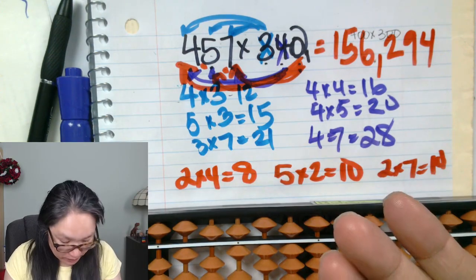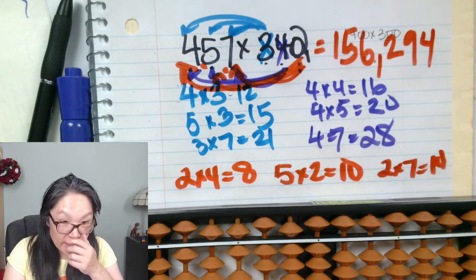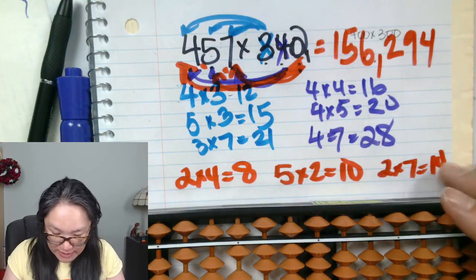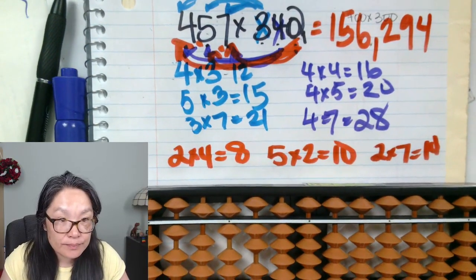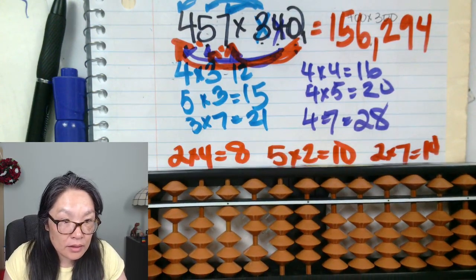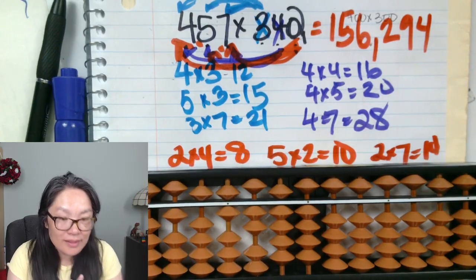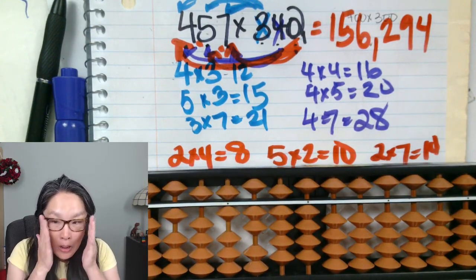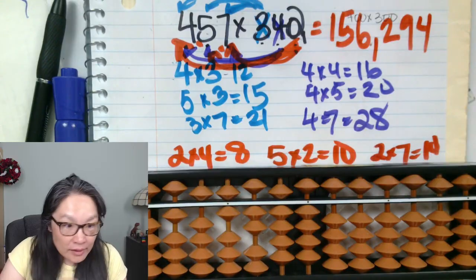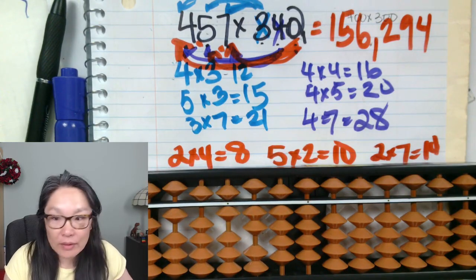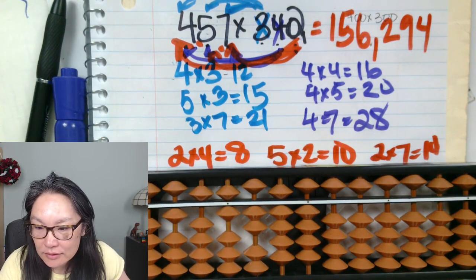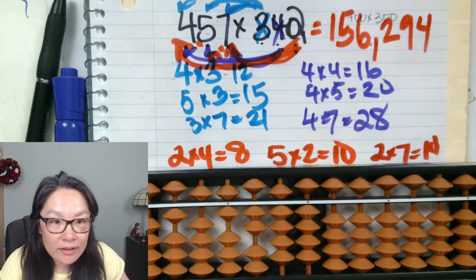But that's what we do. And it's easy, right? Because you see it on the abacus, you just move the beads. Anybody have any questions? Now I really want to know if that's correct. Calculator.